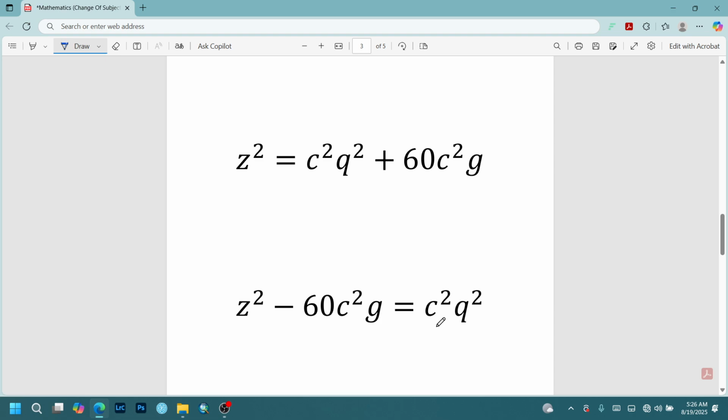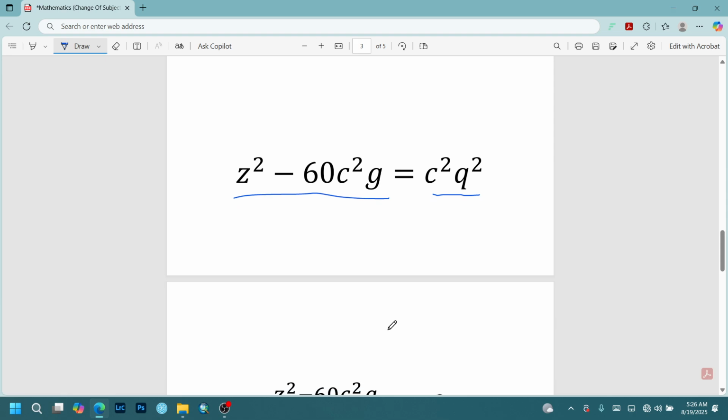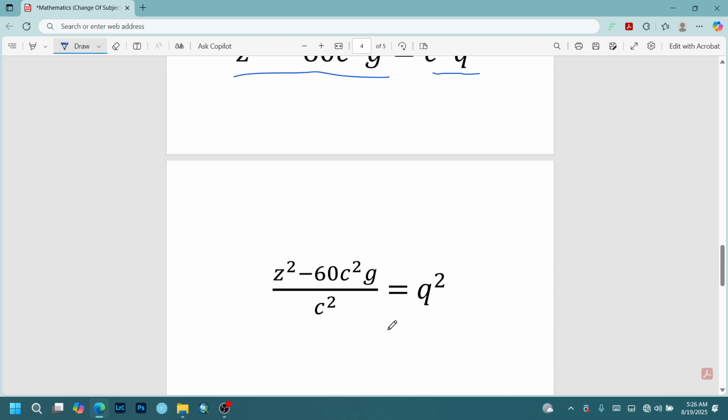So we are canceling out the right hand side with c squared, so we do same for the left hand side, right? So we are going to have our new equation to be the fraction z squared minus 60 c squared j over c squared equals k squared, right?